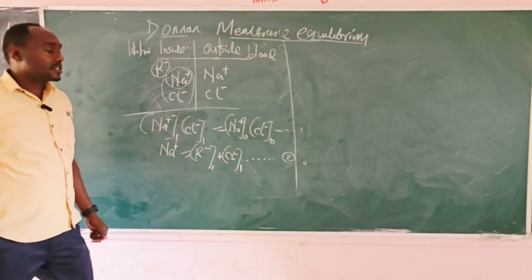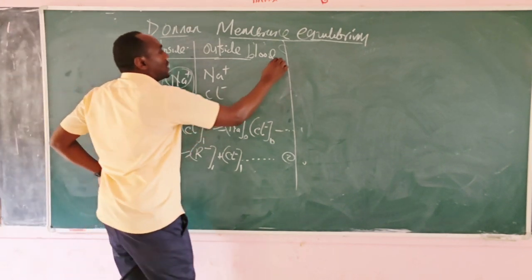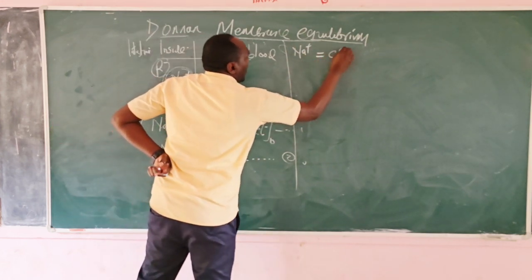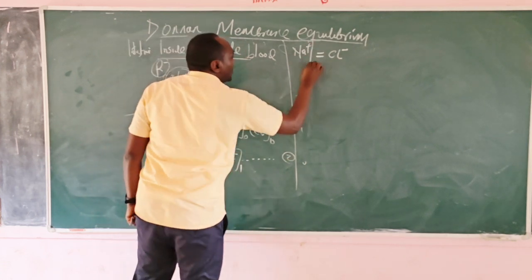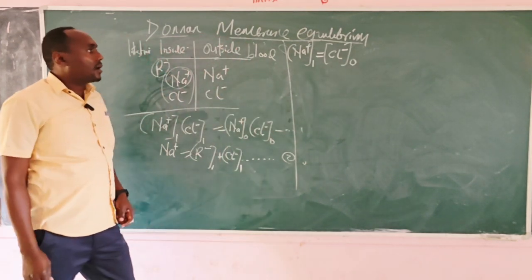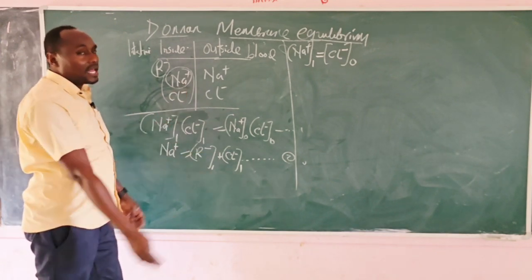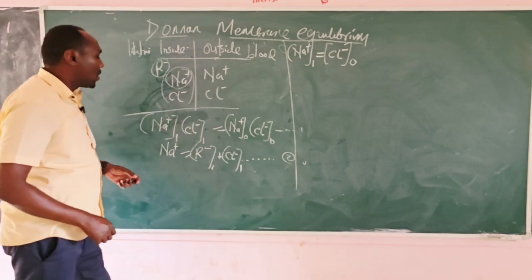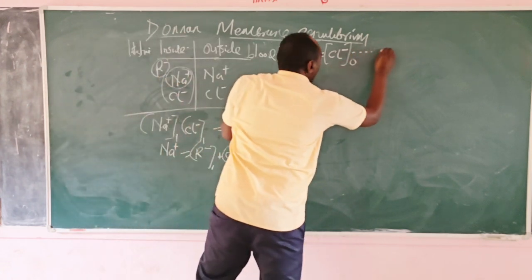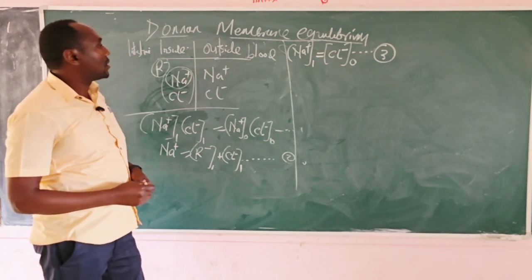We also have to postulate that the sodium ions here should be equivalent to the chloride ions outside. This one is inside, this one is outside. Remember, we are supposed to bring about electroneutrality. That is why we are supposed to balance this. This one is equation 3.